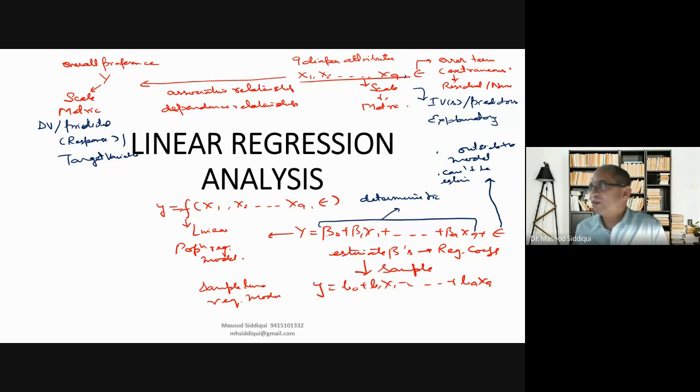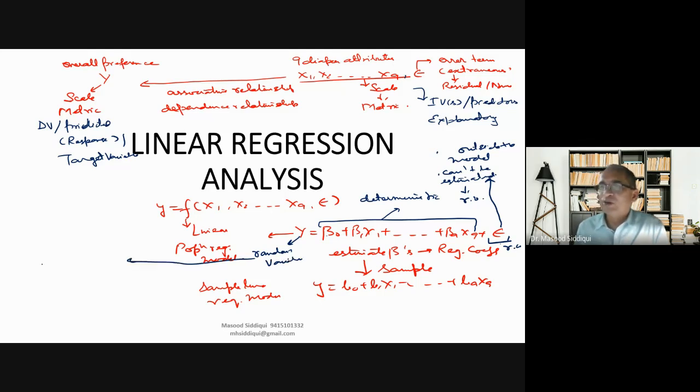Since it cannot be estimated, it behaves like a random variable. So epsilon is a random variable. Now, this y is a combination of a deterministic part and a random variable. So y in itself is a random variable. Random variable means we cannot estimate the exact value of y.